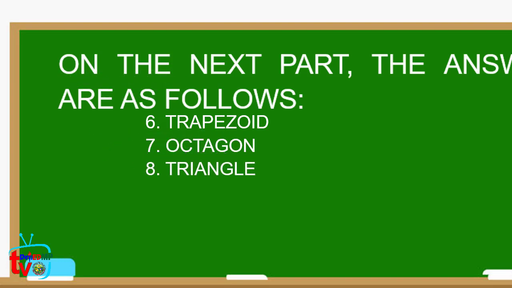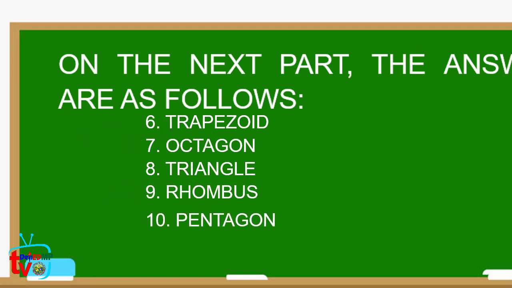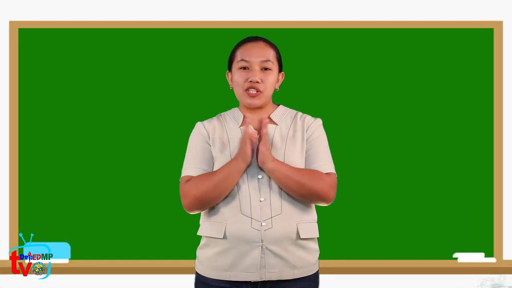Number 8, it's a triangle. Number 9, it's a rhombus. And the last but not the least, pentagon. Congratulations!